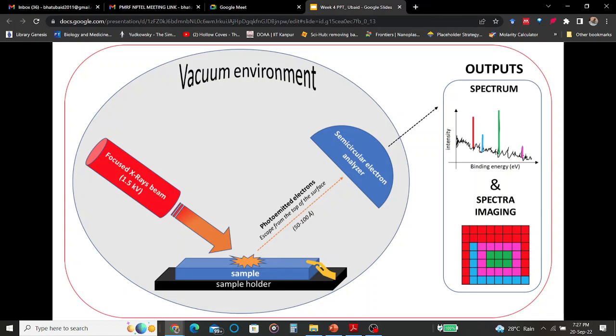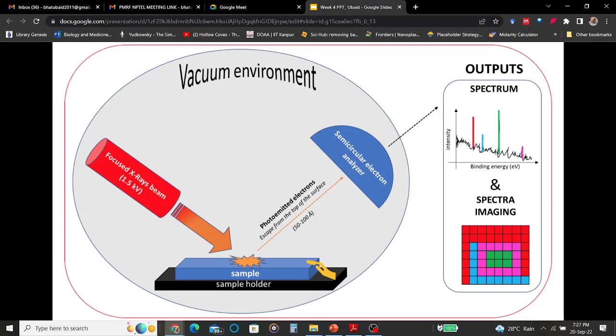Now the electrons are coming out of the surface. How is the surface composition detected by XPS?